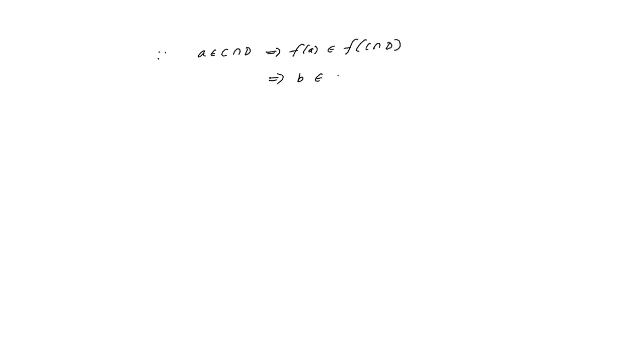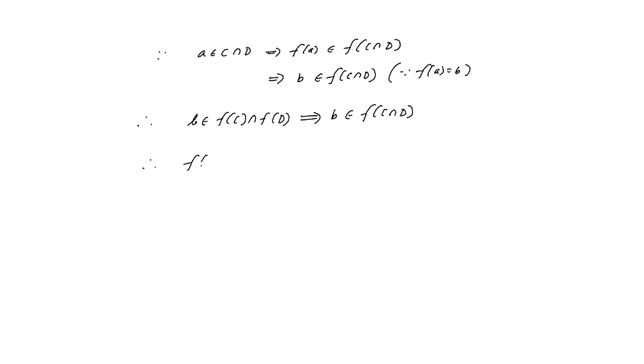Therefore, v belongs to f(C) intersection f(D) exactly implies v belongs to f(C intersection D). That means f(C) intersection f(D) is a subset of f(C intersection D), since v belonging to f(C) intersection f(D) is arbitrary.